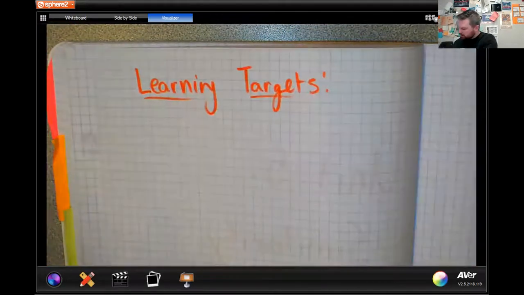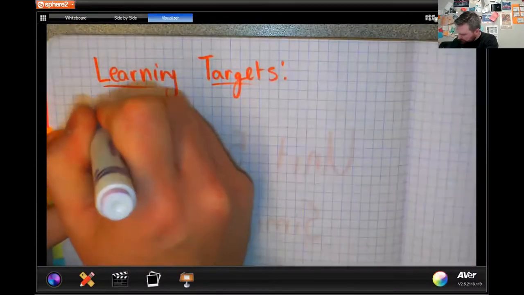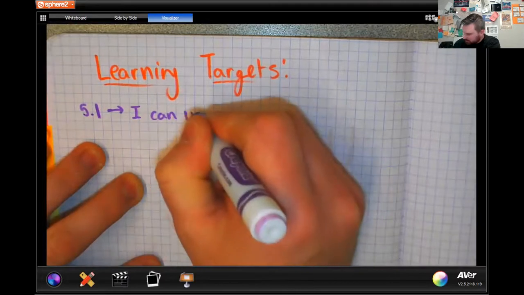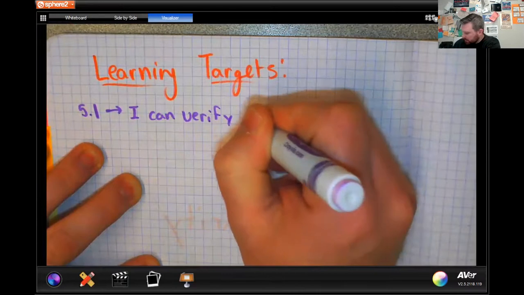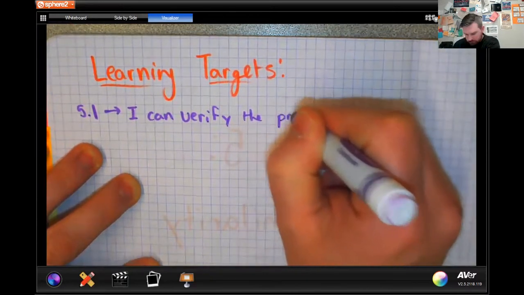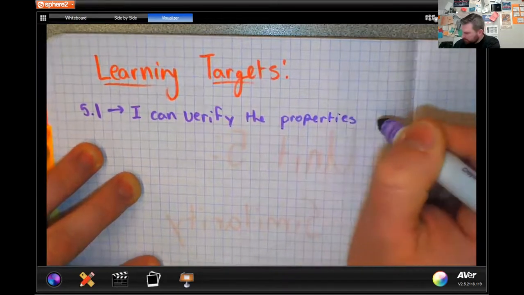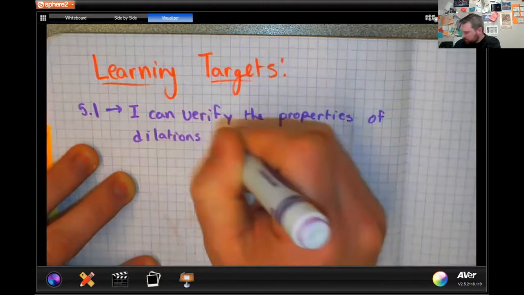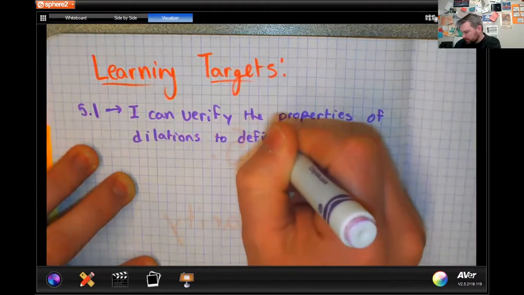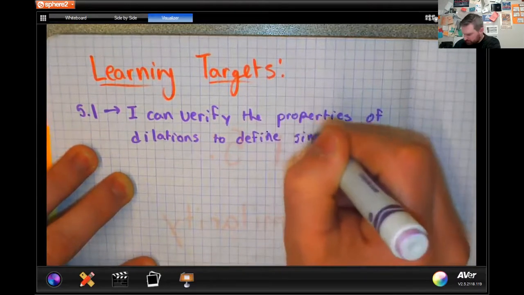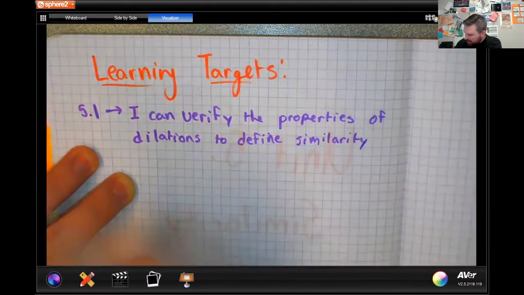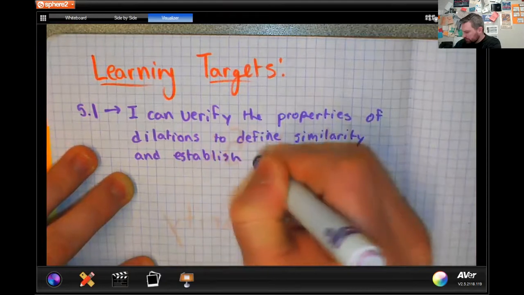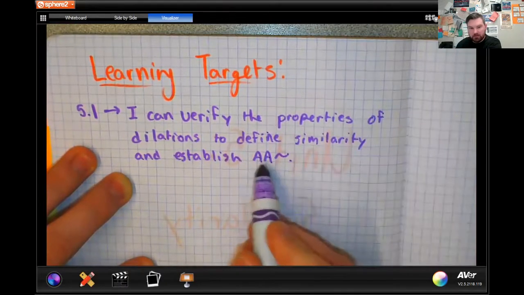Okay, so learning target 5.1 is: I can verify the properties of dilations to define similarity and establish angle similarity.